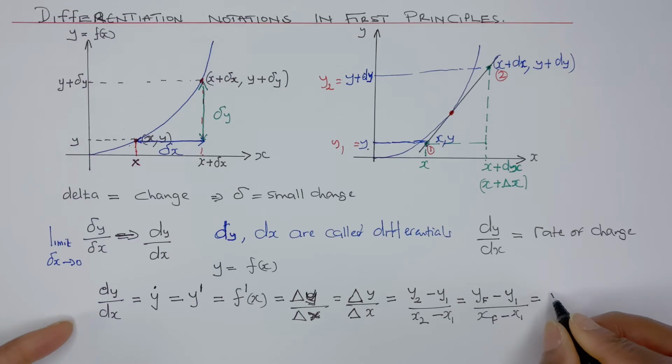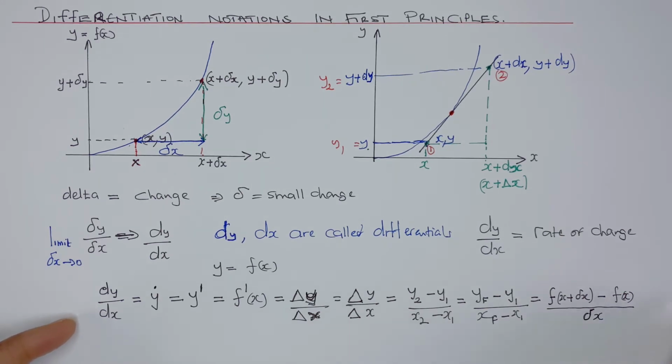Or you might see f of x plus delta x minus f of x over delta x. But don't forget delta x, or you might see f of h minus f of x over h. So that's actually pretty common.